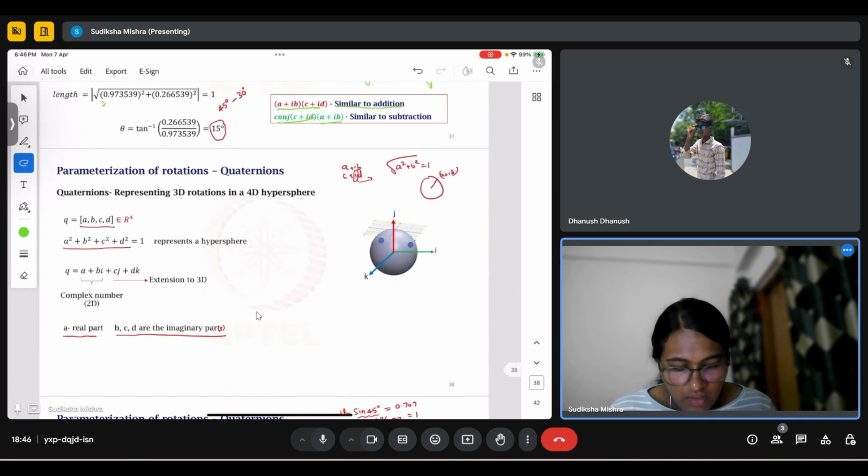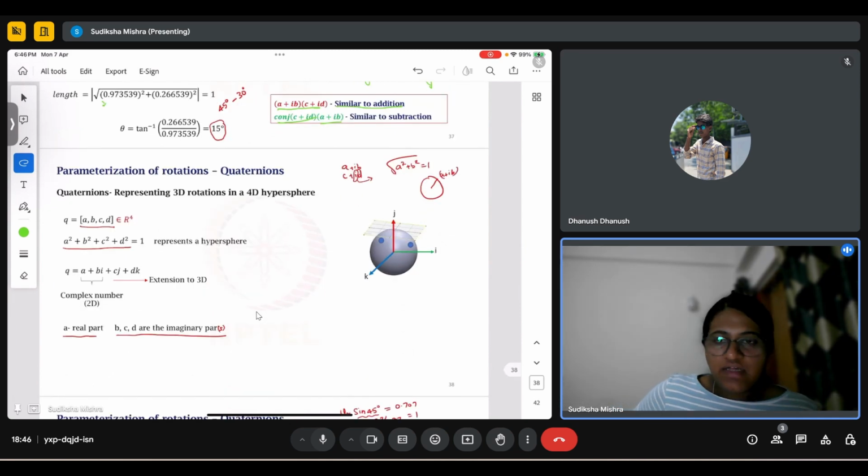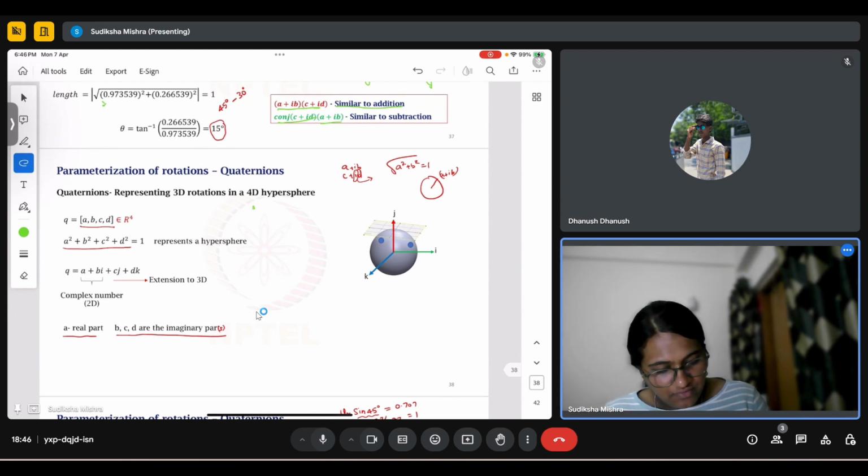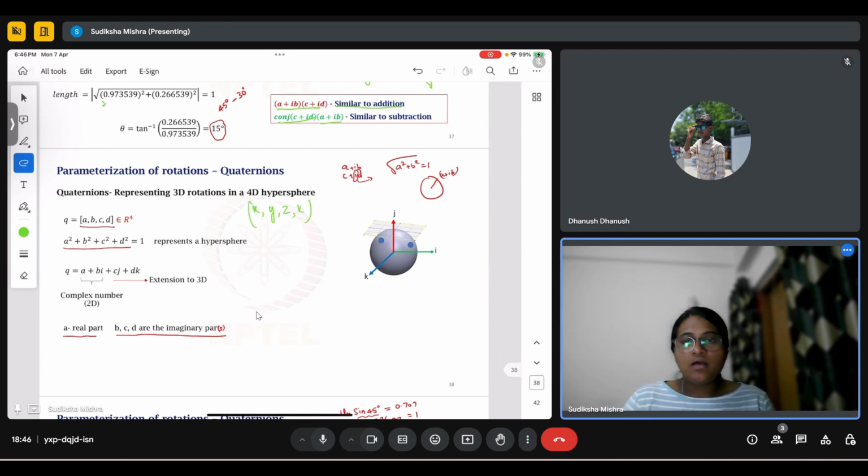Now coming to quaternions, which are in a 4D hypersphere. Instead of x, y, z, they have another coordinate, k also.